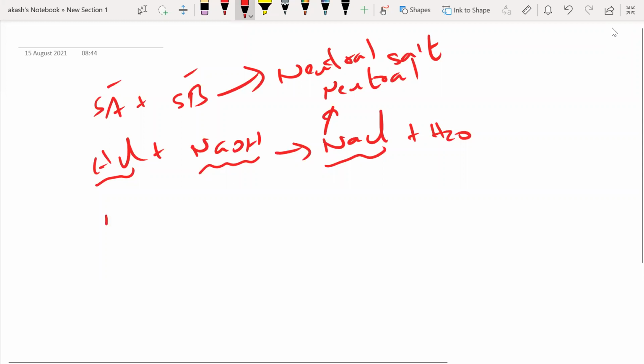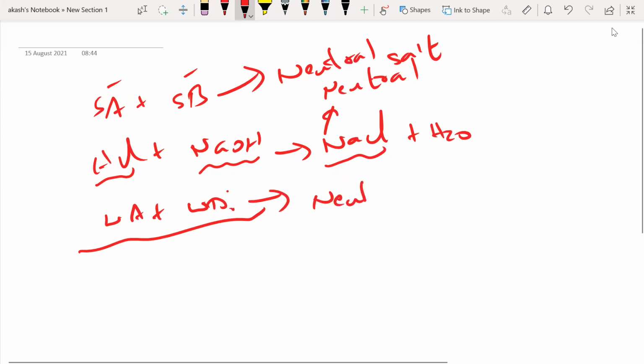Now, if I have a weak acid and a weak base, you can tell that it is going to form a neutral salt, right? But the thing is, first of all, this reaction has to happen. So when I have a strong acid, a strong H plus donor, from HCl I'm going to get a lot of H plus, and this is going to be a strong H plus acceptor or say OH minus donor.